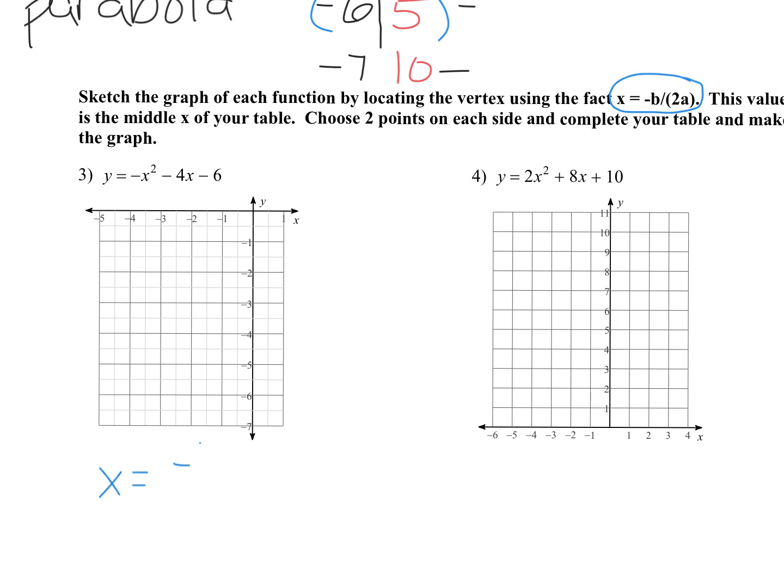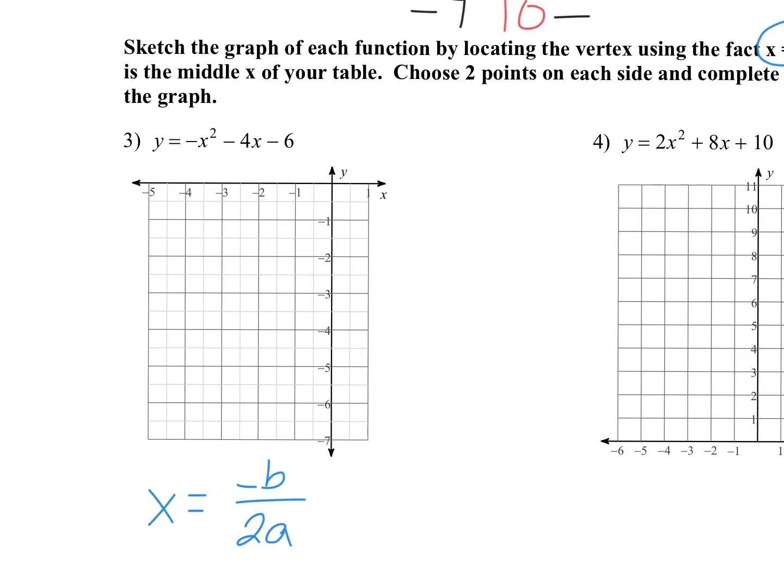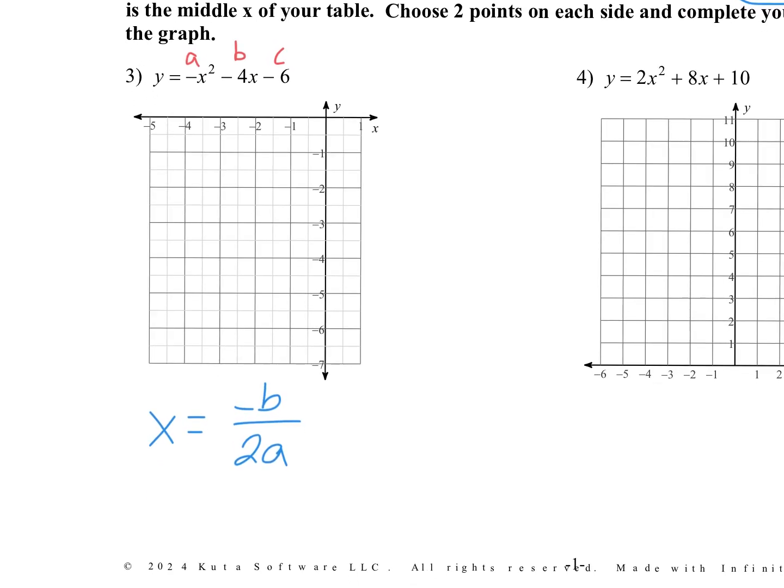X equals negative b over 2a. Where do we think we get those b and a terms? From our equation. Remember we talked about this briefly? This is our a term, we have b term, and this is our c. So let's plug in what we know.